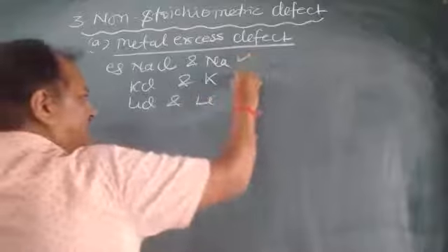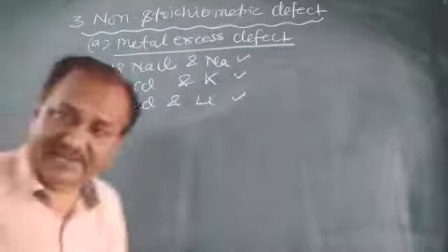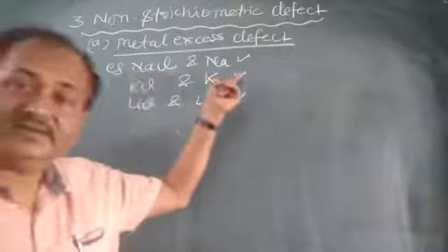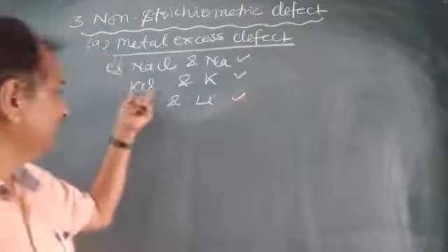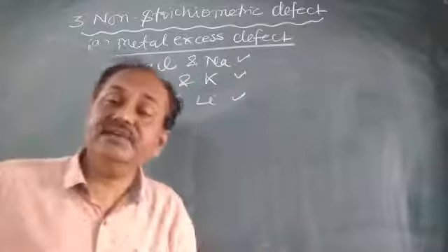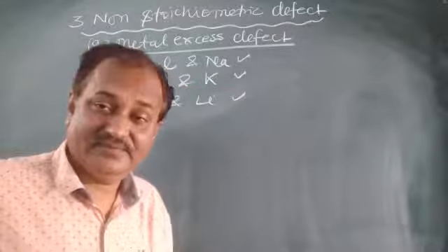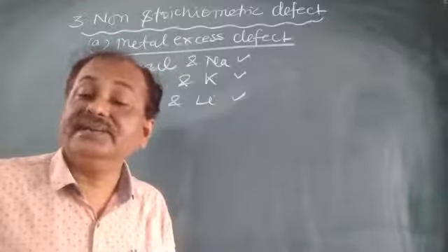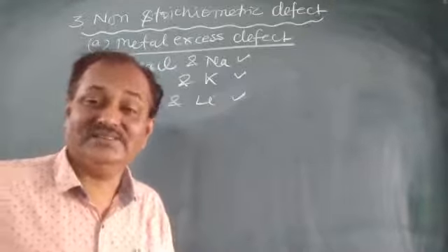We can take any one of the pairs. So the KCl and K pair has to be taken. So when it is heated, it results in a particular color change.